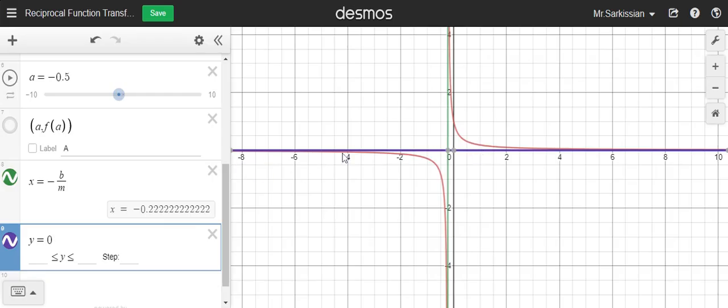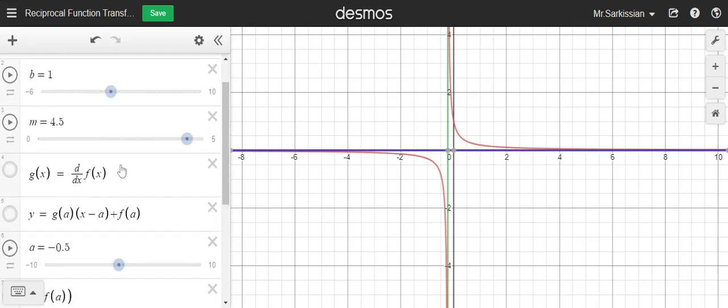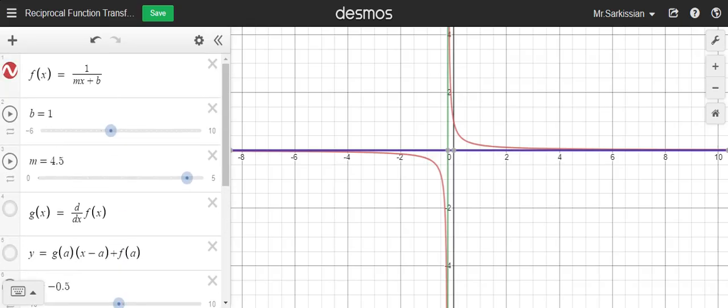It's this blue line you see, and it does not change because of an obvious reason, because the degree of the numerator is always 0, degree of the denominator is always 1, and whenever the degree of the top is less than the degree of the bottom, then we have y equals 0 as the x-axis, playing the role of the horizontal asymptote for not only this rational function, but for any rational function, in fact.